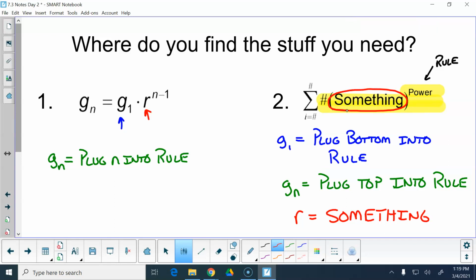It's the base of whatever you're taking the power to. So whatever's got the exponent, that number, that's your r value in sigma notation. Just like in the rule, the r value is whatever has the exponent attached to it.